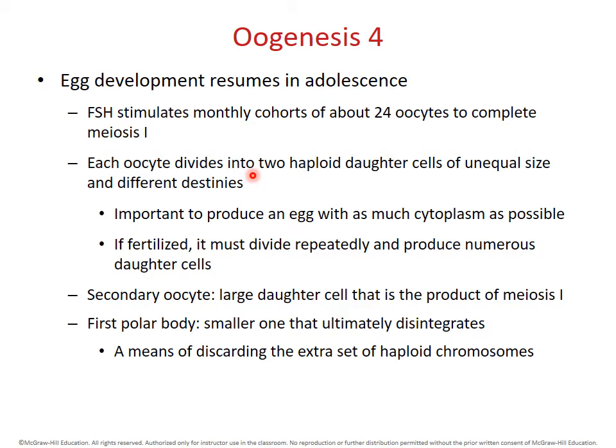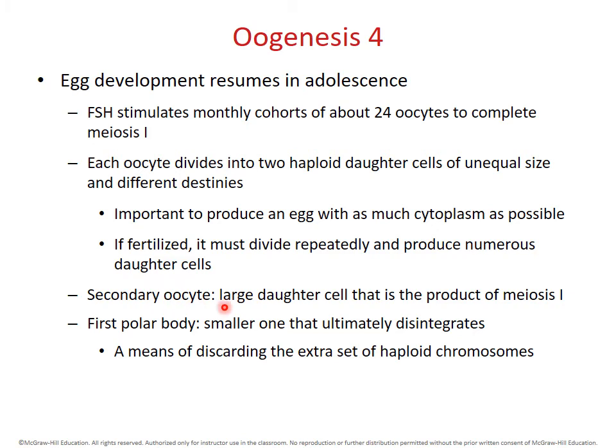Another difference between male and female is this first meiotic division is not an equal division. It's an unequal or uneven division that produces one very large cell and one very tiny cell. The large cell is the functional oocyte, which is now called a secondary oocyte.